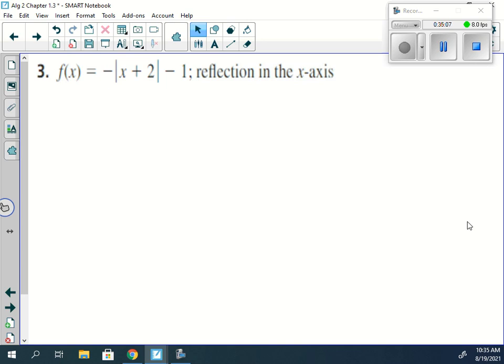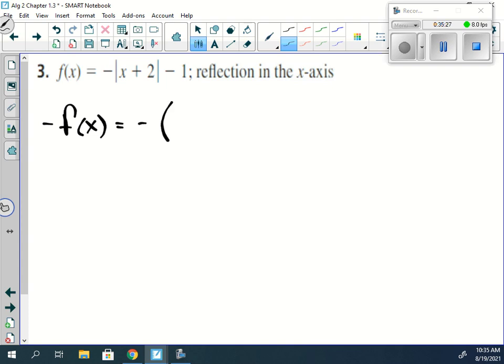We want a reflection in the x-axis. Well, it'd be helpful if I can write. So we're going to be taking negative f of x because it's across the x, so it's negative f of x. So we'll really have negative absolute value of x plus 2 minus 1.